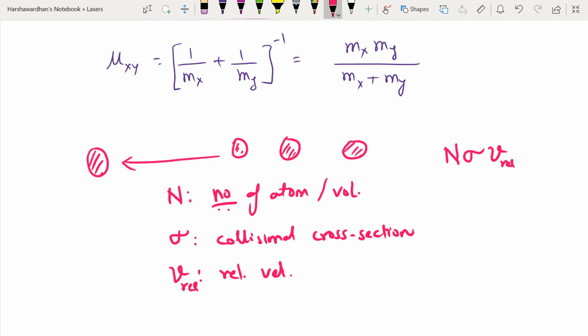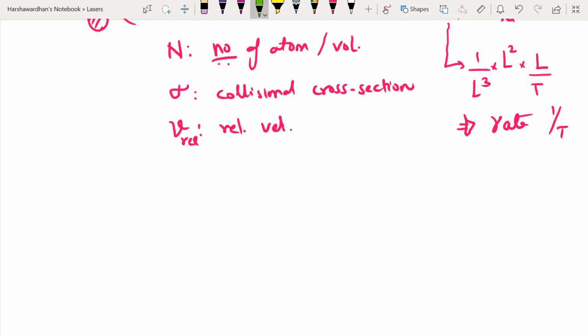So look at this. n is 1 over length cube, sigma is length square, and v relative is length over time. So essentially it gives me a rate, or 1 over time.